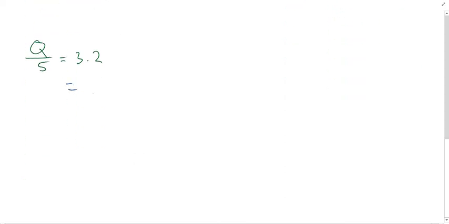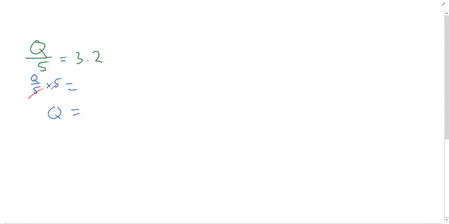Last one. I've got q divided by 5 is 3.2. So I want that in the end to say what q is. So I've got q divided by 5, and if I multiply it by 5, that will cancel with that, and I'm left with just q.